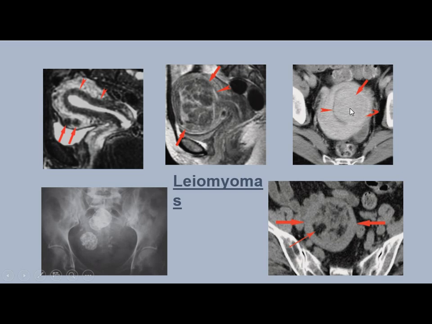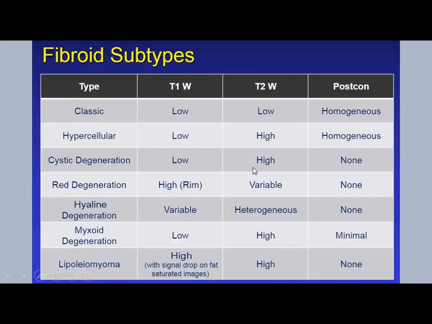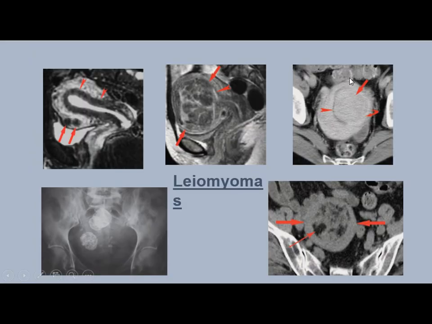While on CT it also appears heterogeneous, and CT is not a good modality for the assessment of the uterus. In conventional radiography, there is a characteristic popcorn calcification of the uterine fibroid.